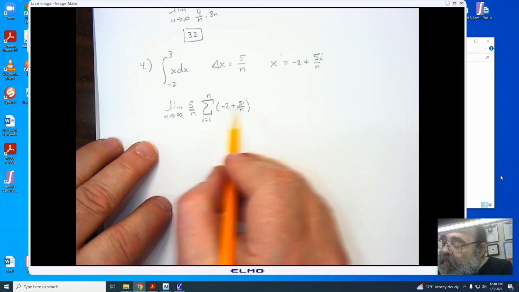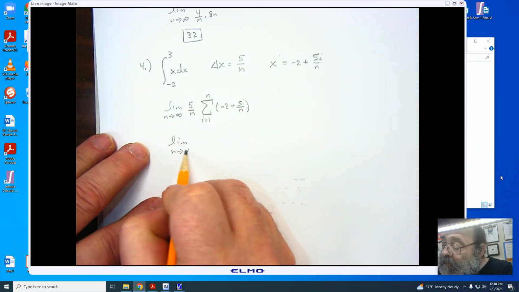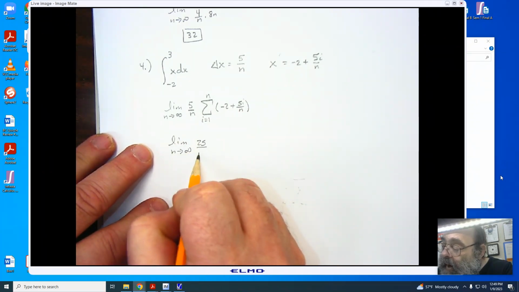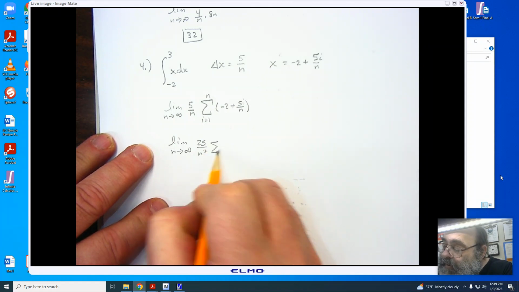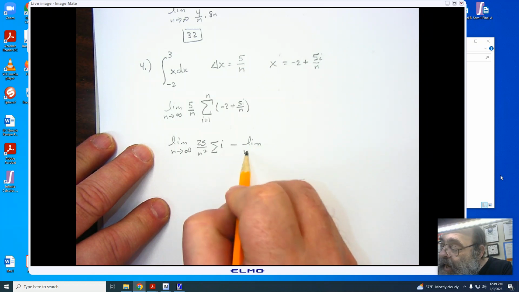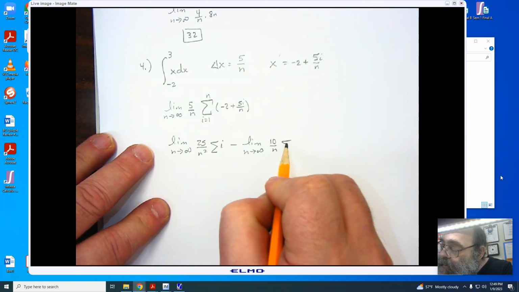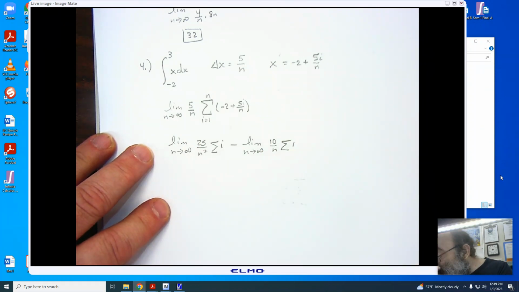Now, please be aware I like to bring this out in front. So I'm going to have my limit as n approaches infinity of 25 over n squared times the summation of i, minus the limit as n approaches infinity, and I now have 10 over n summation of 1.